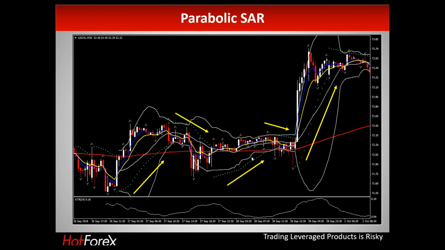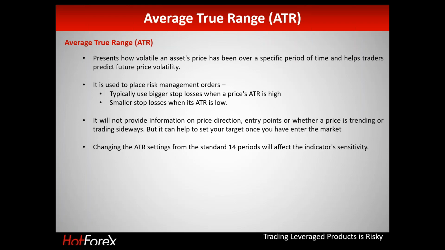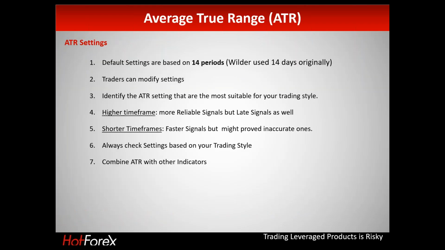Those two combine quite well, because one indicates the direction, and the other indicates how strong the volatility is. That's one of our suggestions in case you want to combine ATR with another technical indicator. So we have reached the end of our webinar.